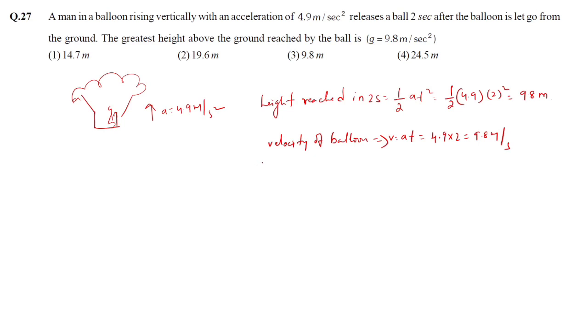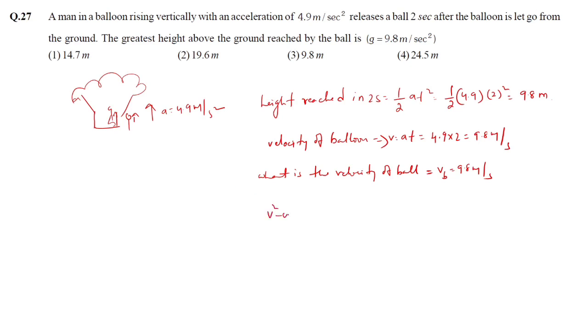Now suddenly the person is releasing a ball. What is the velocity of the ball? It is similar to that of the velocity of the balloon, no? So the velocity of the balloon is 9.8 meter per second. So the ball is released and that ball also will be moving up with that velocity of 9.8.